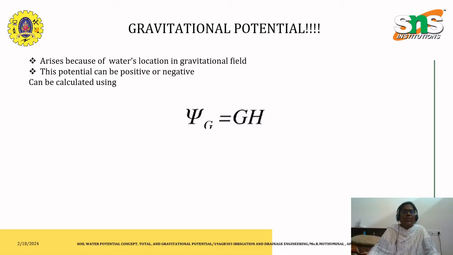The gravitational water is the excess water that drains downwards after the pores have been filled, due to gravitational force. This potential could be either positive or negative, but the osmotic potential is always negative. It can be calculated by the relation phi g equals g into h.